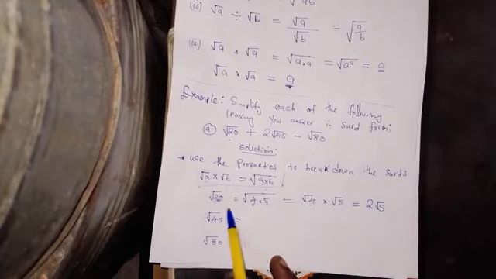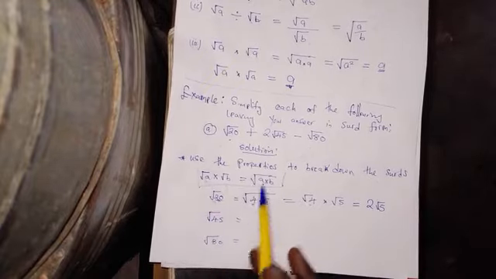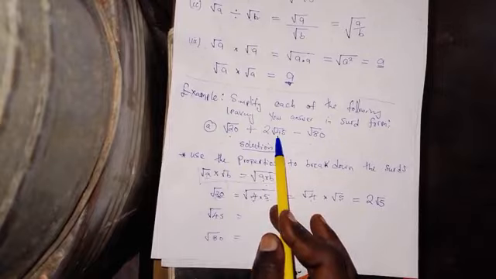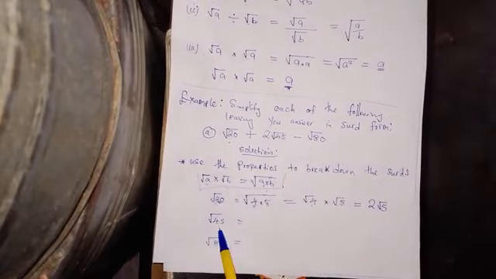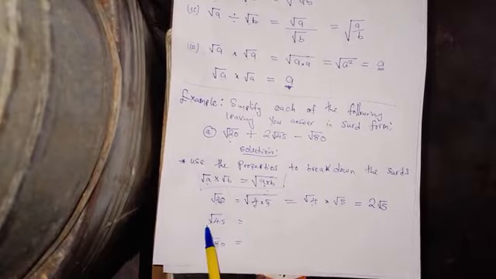Whatever I've done here is the same I'm going to do for root 45. Root 45 will be broken down into two factors.